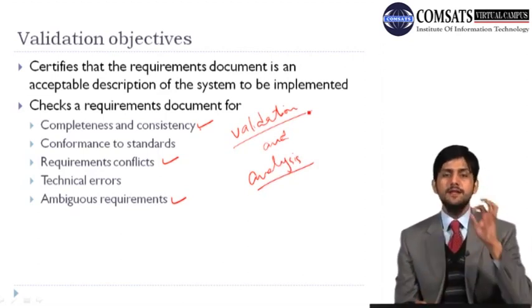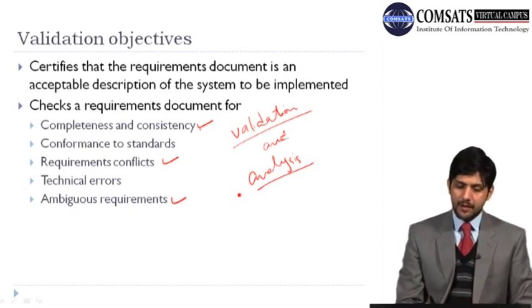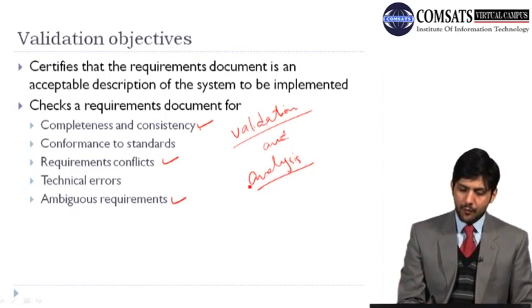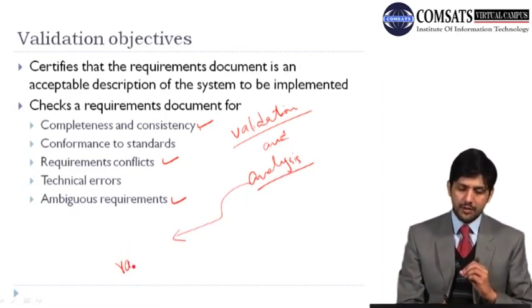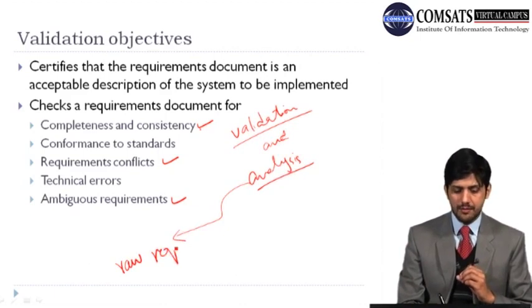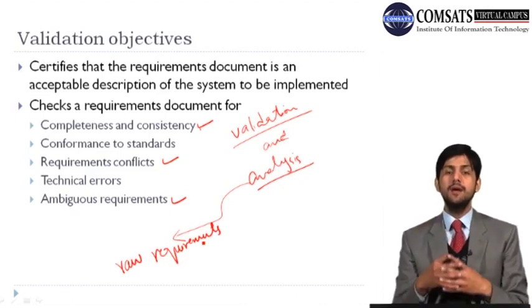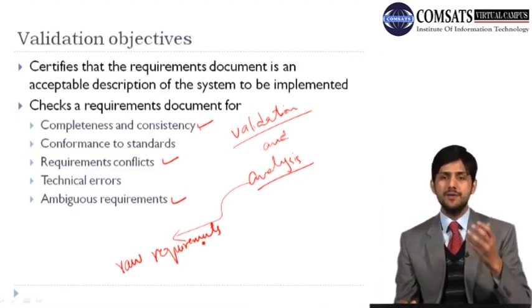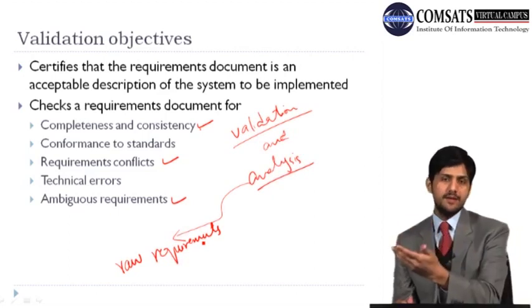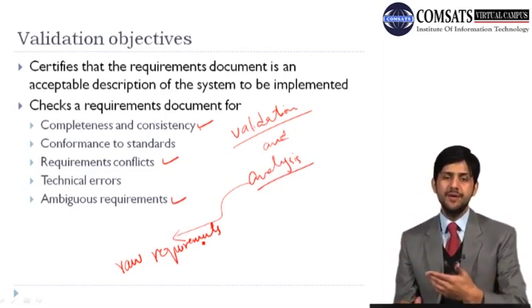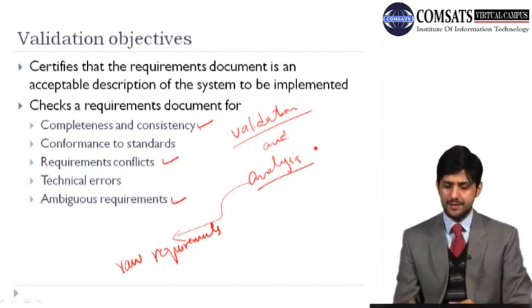There is a very slight difference between the two, but that difference should be evident. What we do in analysis is performed on raw requirements. We should remember that we perform analysis and elaborate requirements on raw requirements which have been elicited from the client. So this is raw text or raw scenarios or raw user stories on which we do analysis.